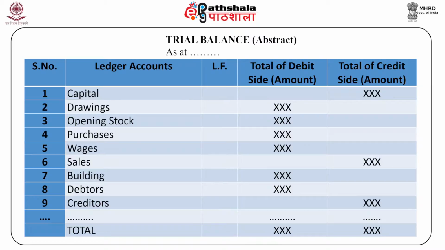Capital on credit side, drawings debit side, opening stock debit, purchases debit, wages debit, sales credit, building debit, debtors debit, creditors credit, etc., and then total. So total of debit and credit side should tally.